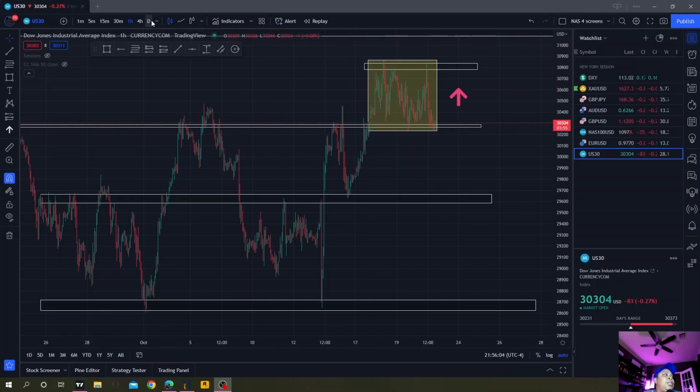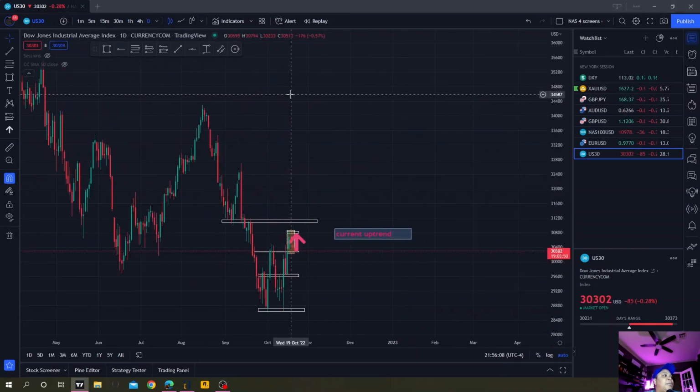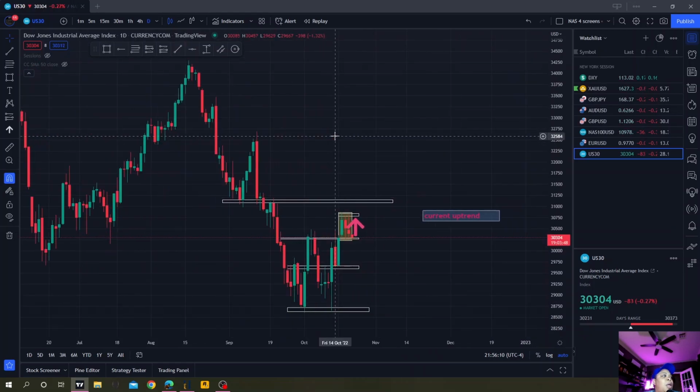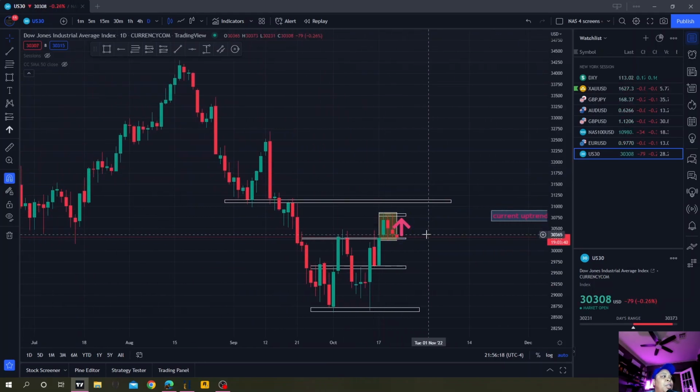So going into US30, I'm doing my top-down analysis for tomorrow. Looks like I have a W here. Y'all see the W? And on the daily time frame, it's an uptrend currently.